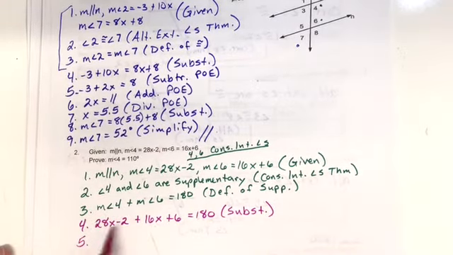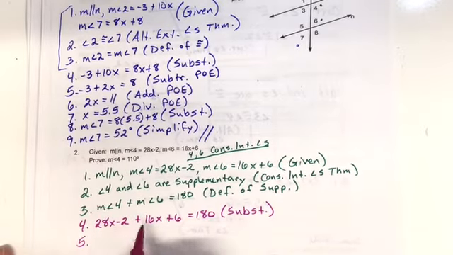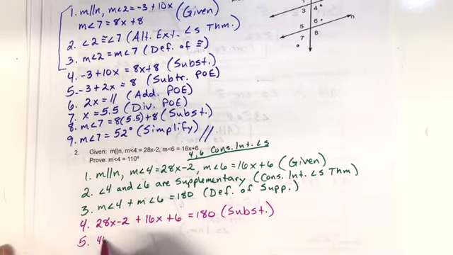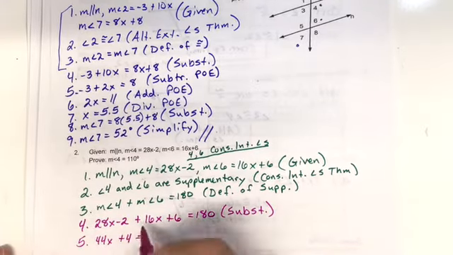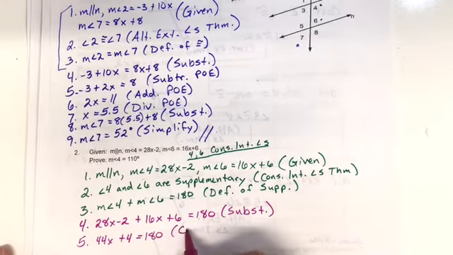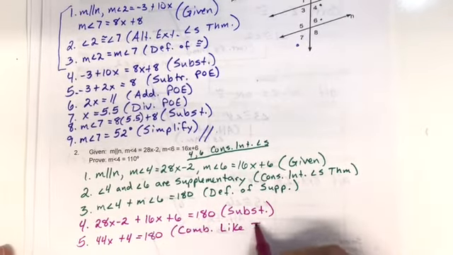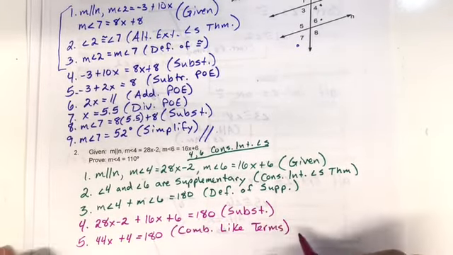Since I have x's on the same side and constants on the same side, I'm going to combine like terms. 28 plus 16 is 44x. Negative 2 plus 6 is plus 4. And since I combined all my like terms in one step, that can be my reason. Combine like terms.